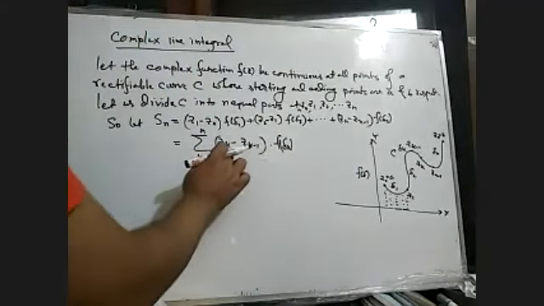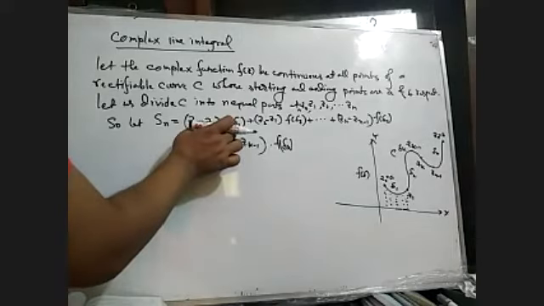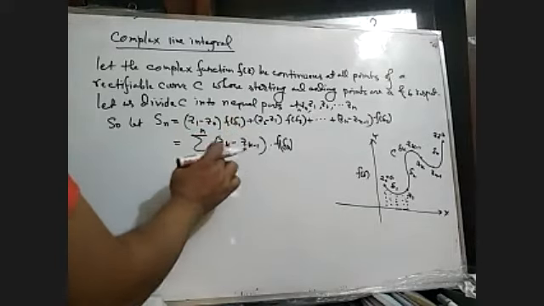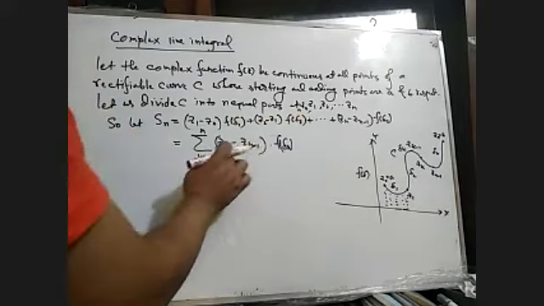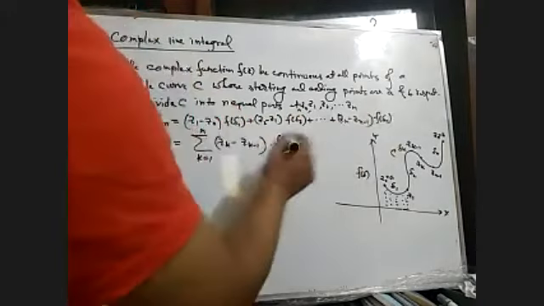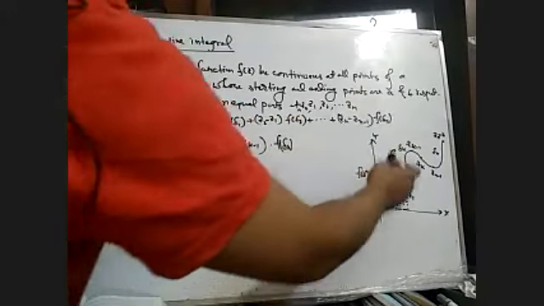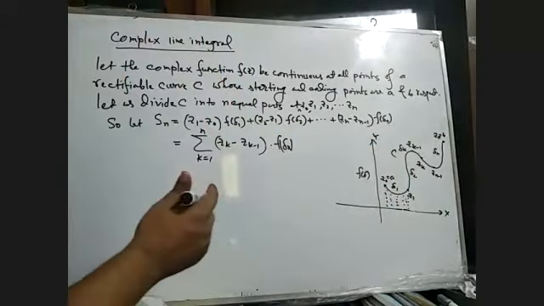For k equals 1 we get the first area, for k equals 2 the second area, and for k equals n the last area. So this is the whole area bounded by the whole curve C.